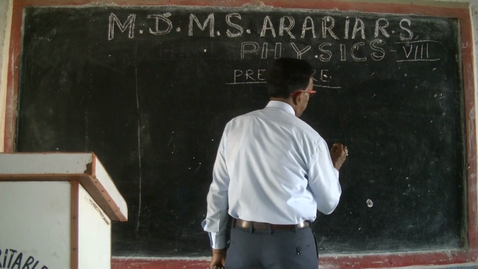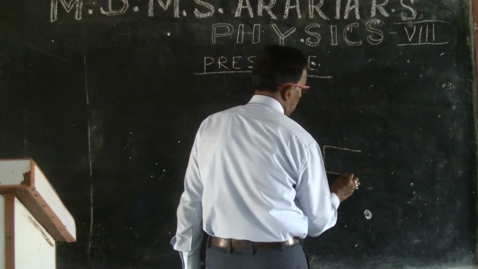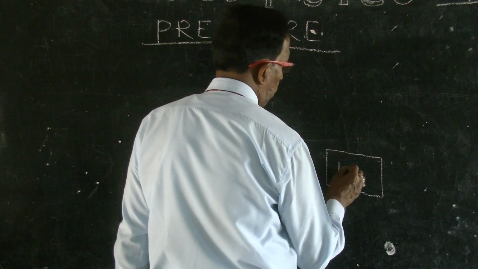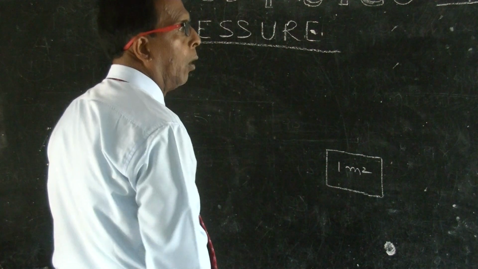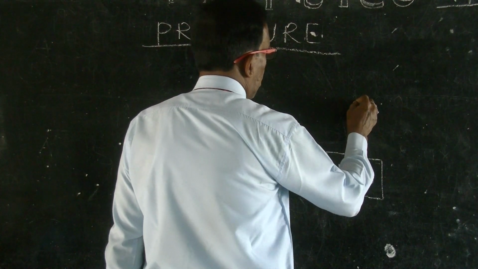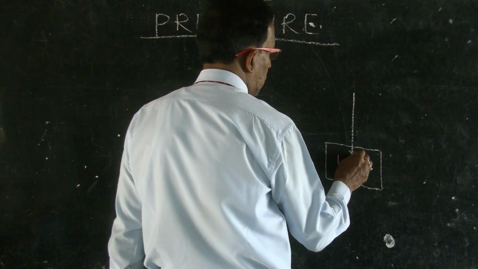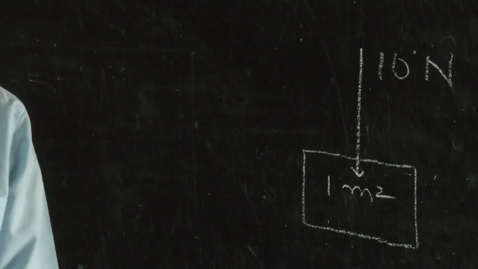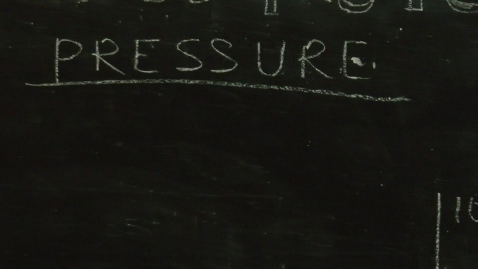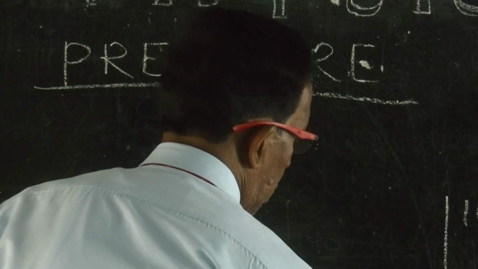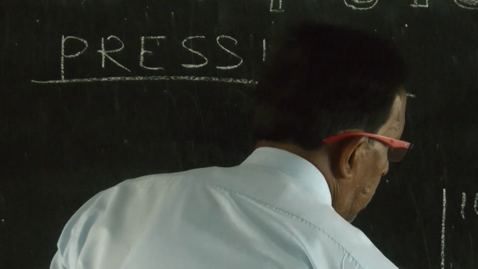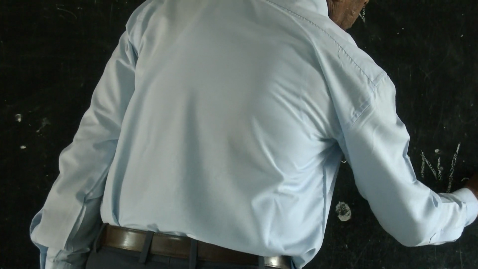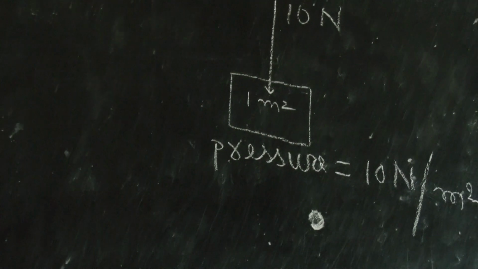Okay? Here is a table, and its surface area is 1 meter square. If a force of 10 Newton is acting on it in the downward direction, then the pressure on this surface is 10 Newton per meter square. Pressure is 10 Newton per meter square. This is called pressure.